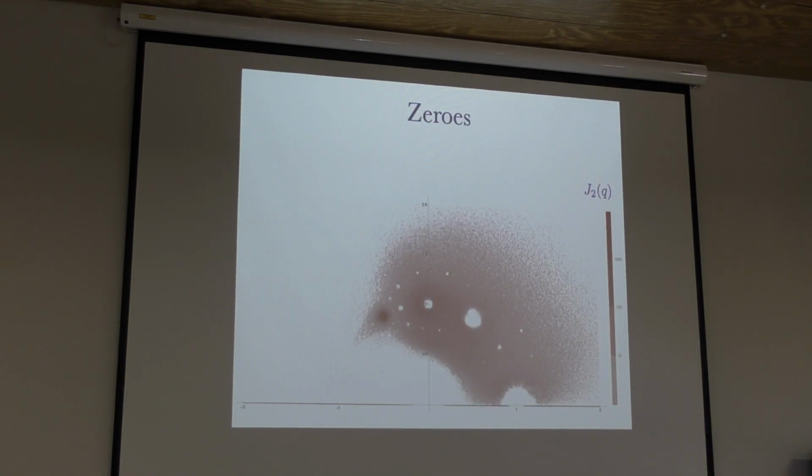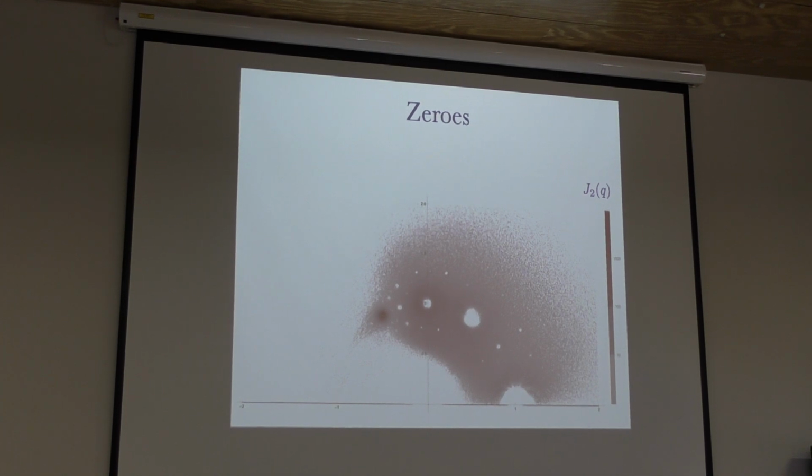Okay, so given these data sets, we can start playing some games. So here are the zeros of the ordinary Jones polynomial. It was conjectured by Hoste that if you take the Alexander polynomial, the real part of the zeros is always greater than -1. It turns out this conjecture fails, but since then people started exploring the structure of zeros of these polynomial invariants.